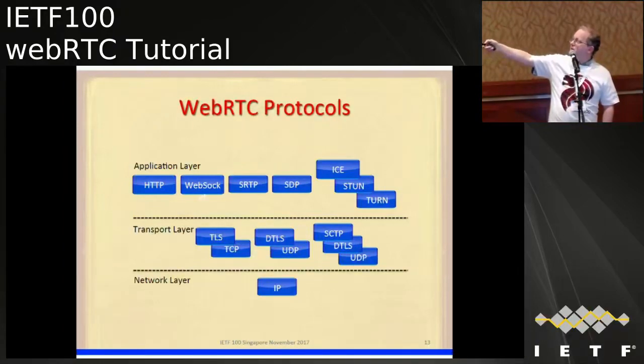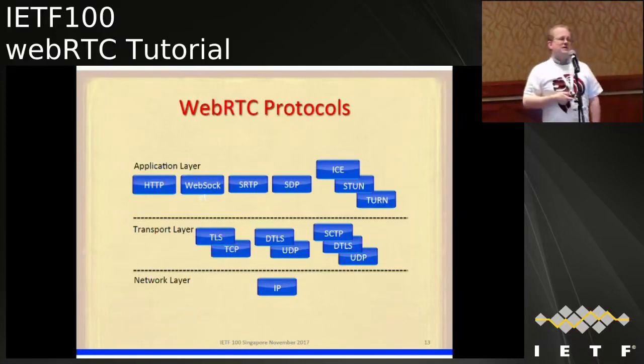The data channel, which I'll talk more about later, uses SCTP and DTLS and UDP. These are the ICE-related protocols, like I mentioned before. And SDP, we'll talk about it a little bit more. This is used to describe exactly how the media is supposed to be encoded as it flows from one browser to another.